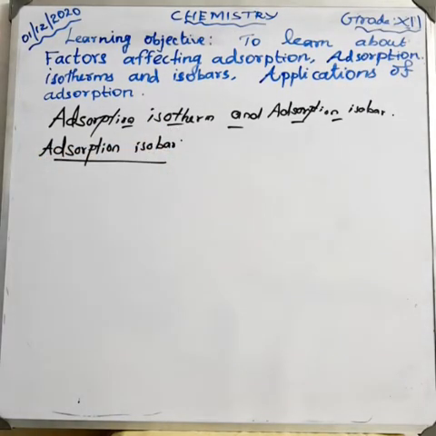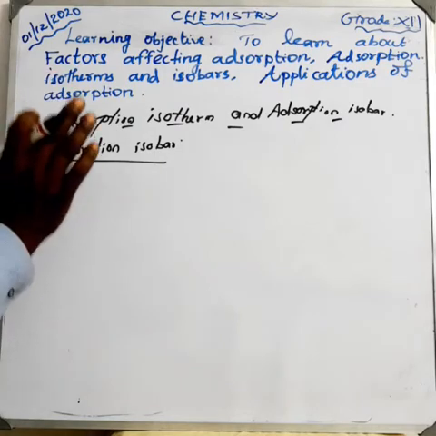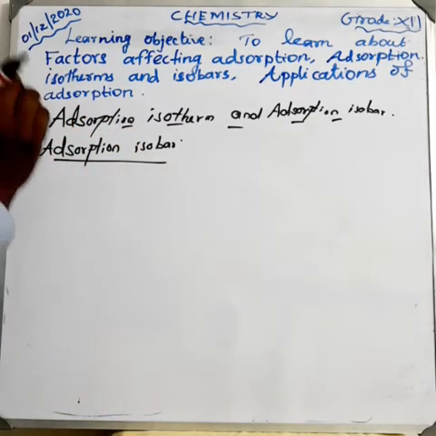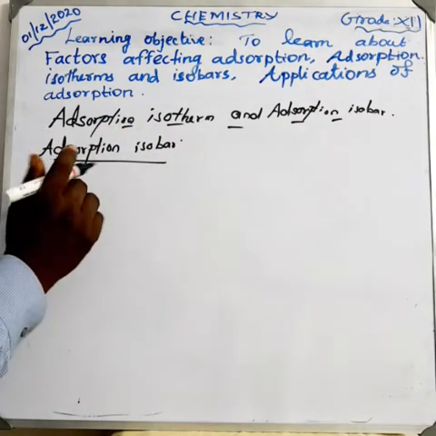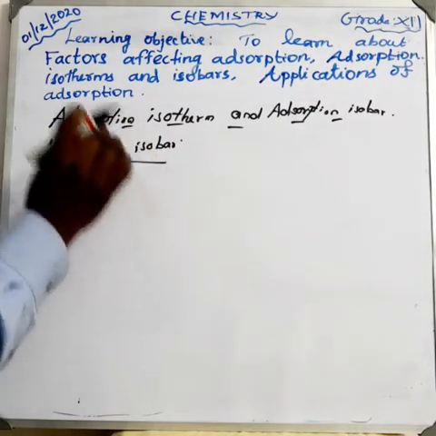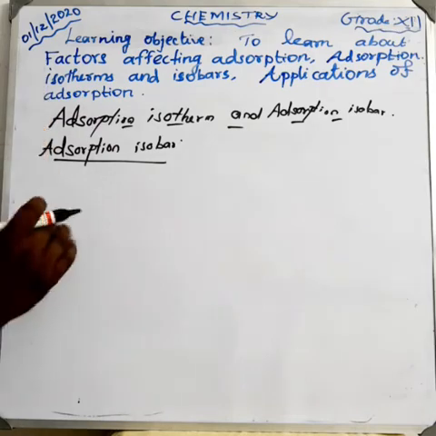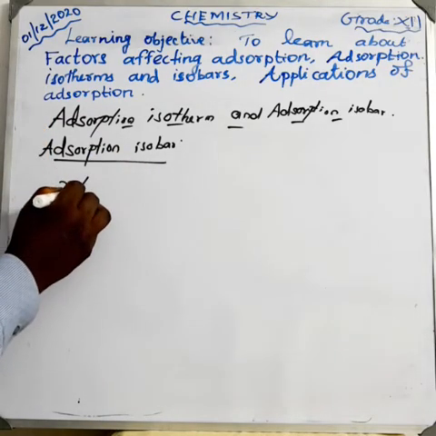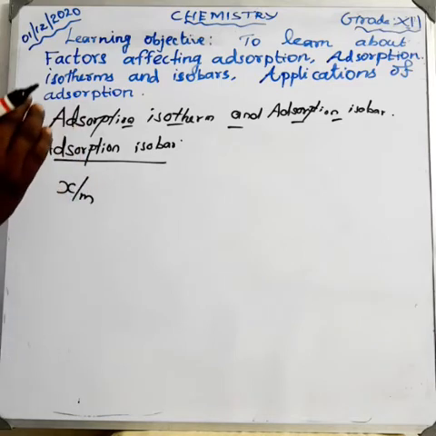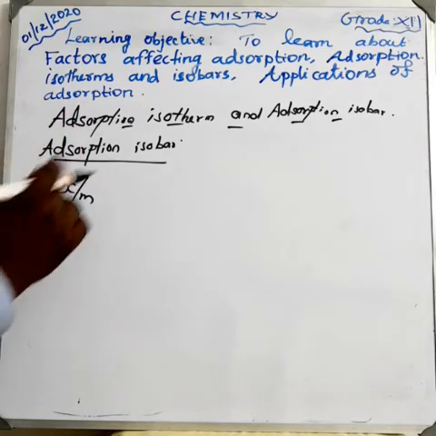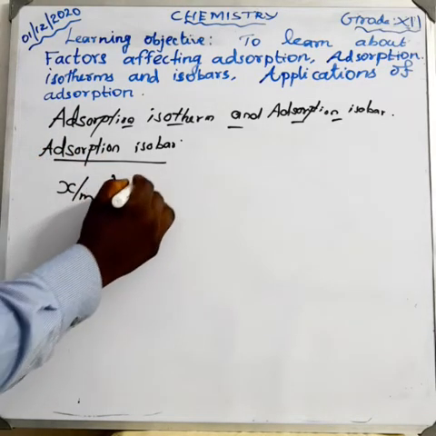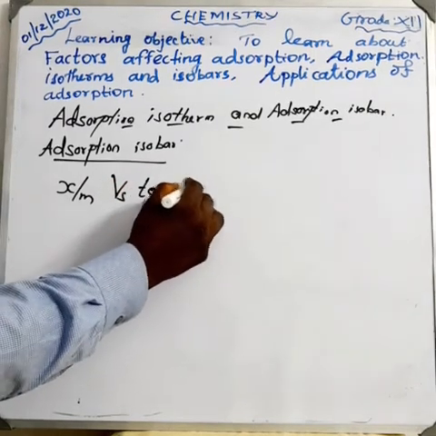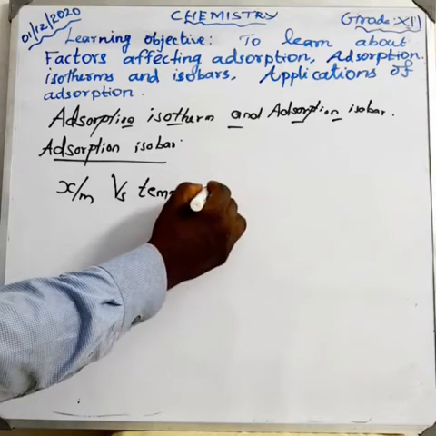What does adsorption isobar mean? It is a graph between the amount adsorbed, that is x by m, versus the temperature T at constant pressure.